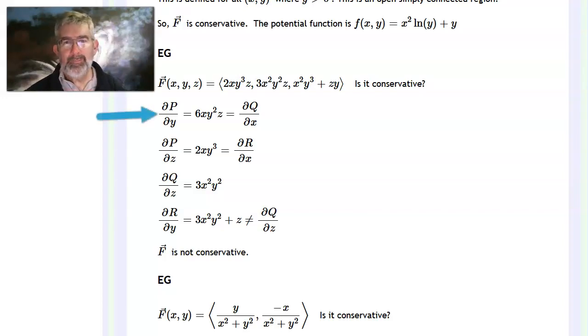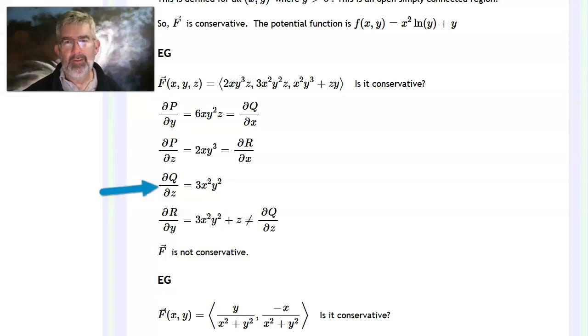Okay. So the partial of p with respect to y is 6xy squared z, and the partial of q with respect to x is 6x squared yz, so that's good, those are equal. The partial of p with respect to z is just 2xy cubed, and the partial of r with respect to x is 2xy cubed plus 0, so those are equal.